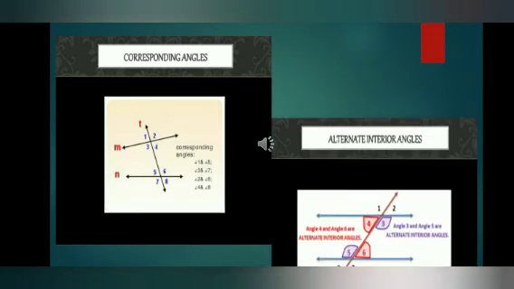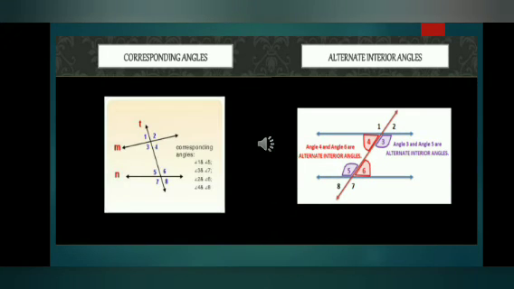Next come the alternate interior angles. What do you mean by interior angles? In your 6th standard you must have studied in the circles chapter. All the points which are inside the circle are called interior points and all the points which lie outside are called exterior. The points lying outside are called exterior. The points lying inside are called interior.